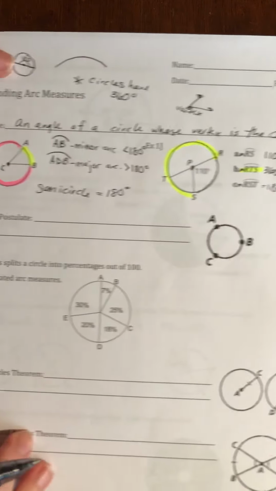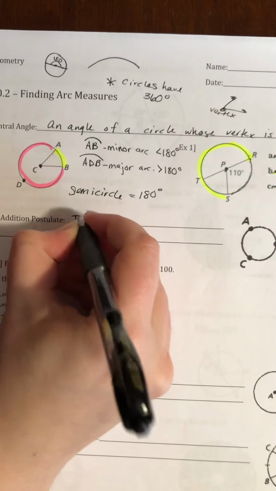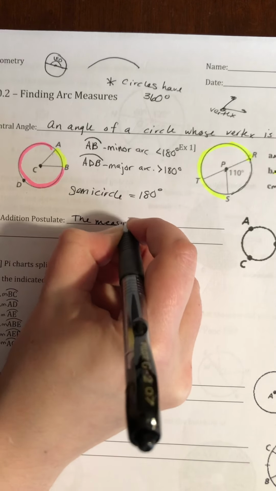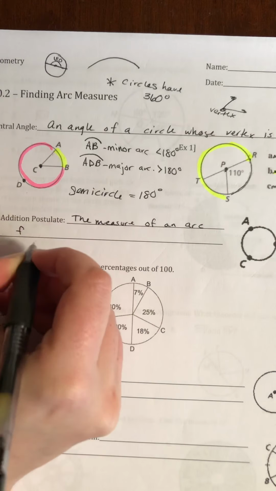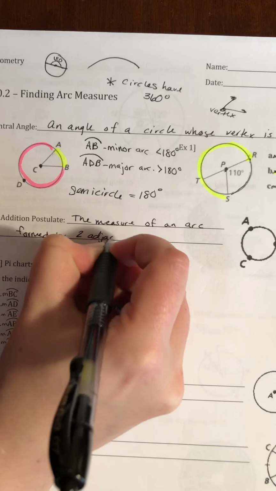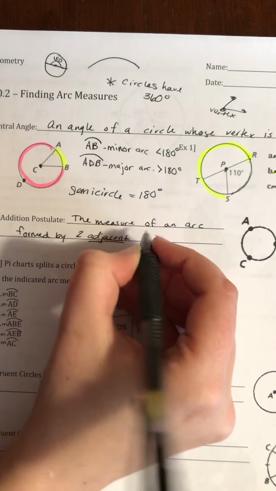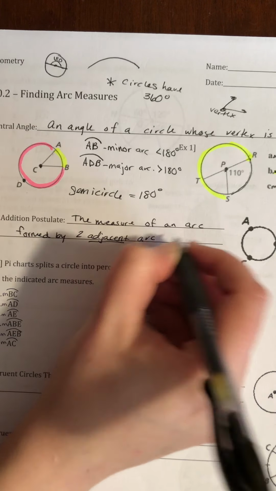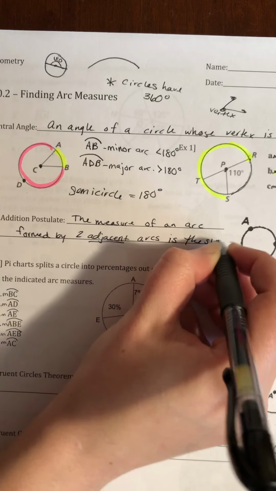So the arc addition postulate is pretty straightforward. It's very much like the segment addition postulate. Essentially, the measure of an arc formed by two adjacent arcs, and adjacent means they're next to each other, is the sum. How do we find the sum?